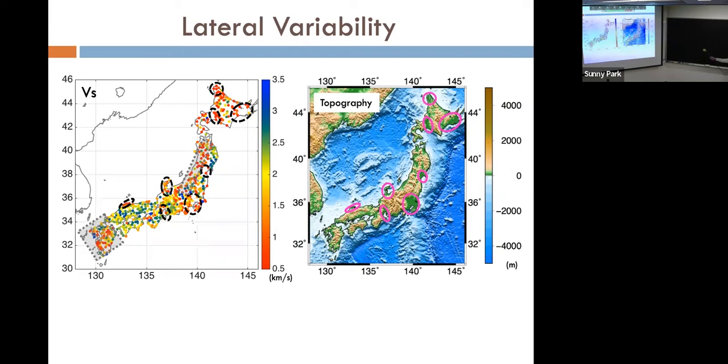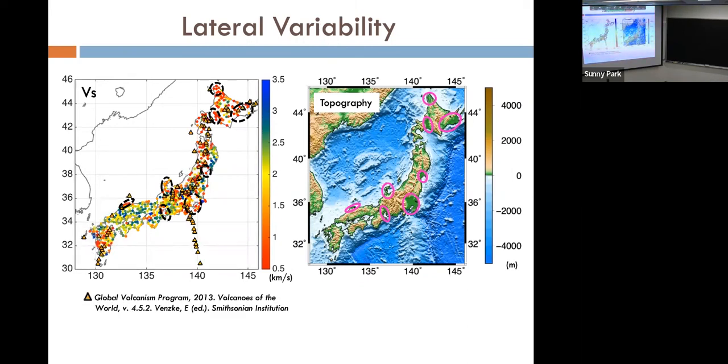But in that gray shaded area, you see pretty low velocity, even though it's quite mountainous and the slope is pretty high. One interesting thing we found is that we also have a correlation with the volcano locations in Japan. This is something we didn't think about when we were doing this study. We thought we would be contributing to seismic hazard problems mostly, but this shows that maybe we can also contribute to the volcano hazard problem if we're sensitive to such features.